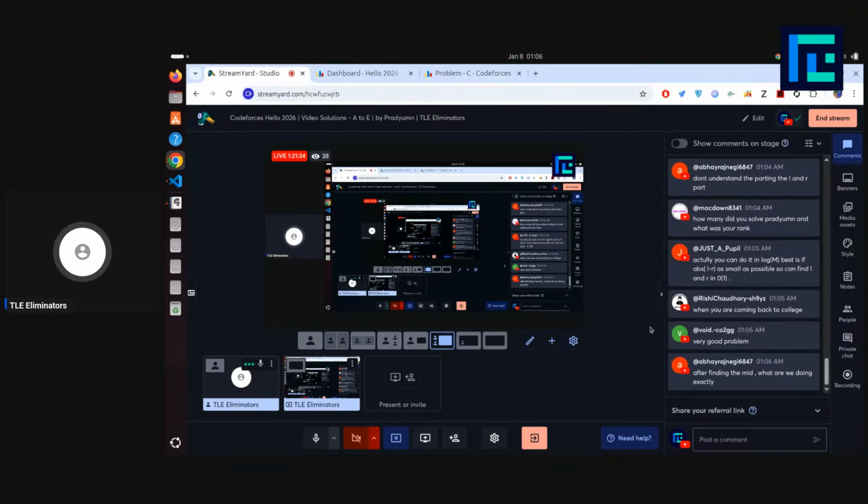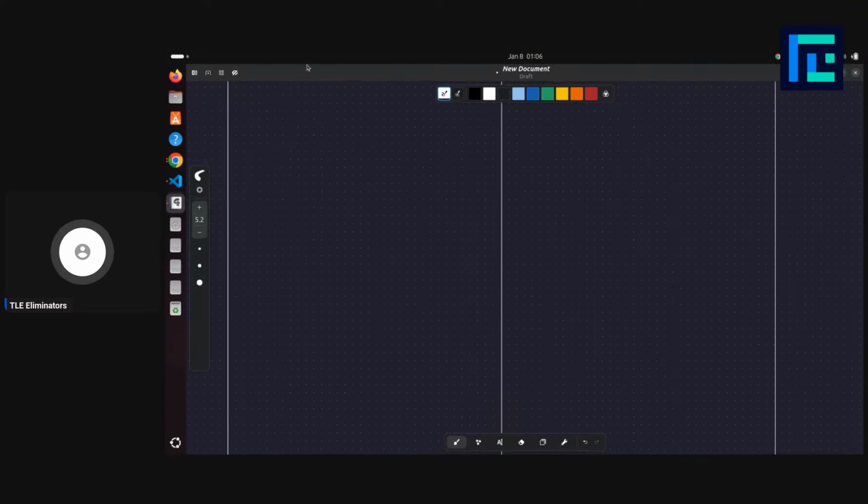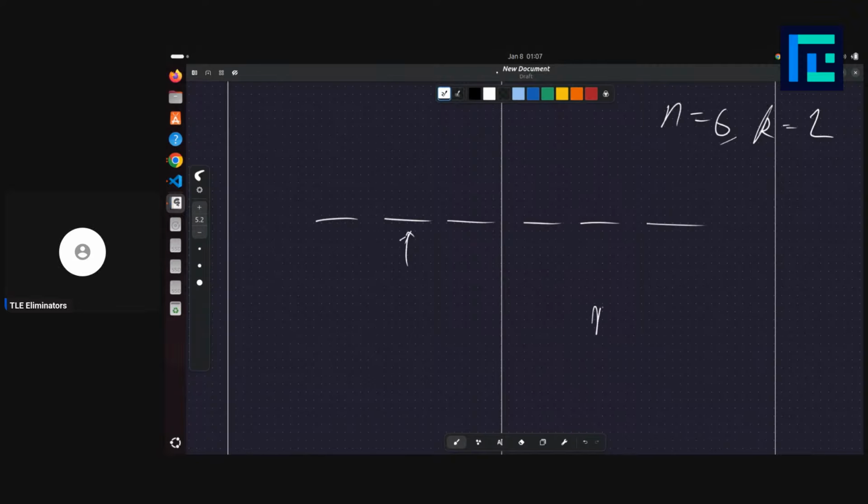After finding the bit, what are we doing exactly? Okay, let's say I'll do a dry run. Let's say my n is equal to 6, k is equal to 2. So here's my base camp. And let's say if you want to check mid is equal to 4.